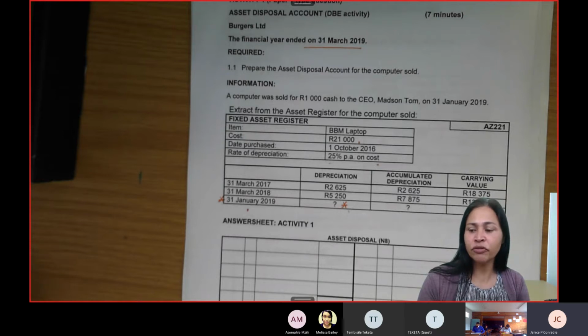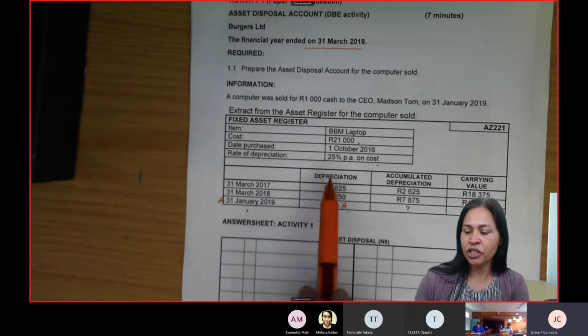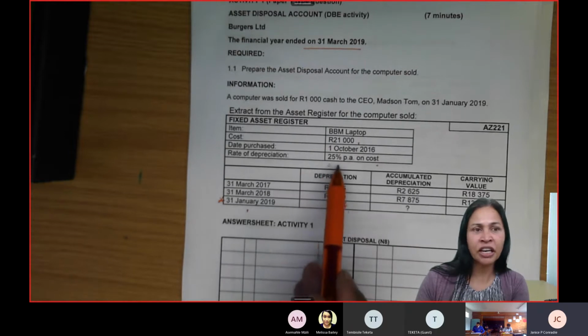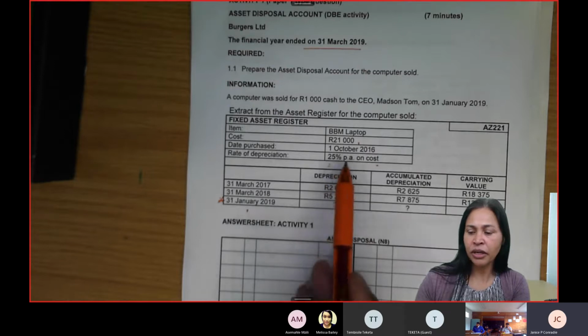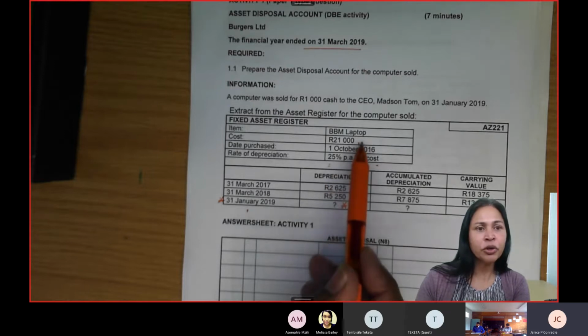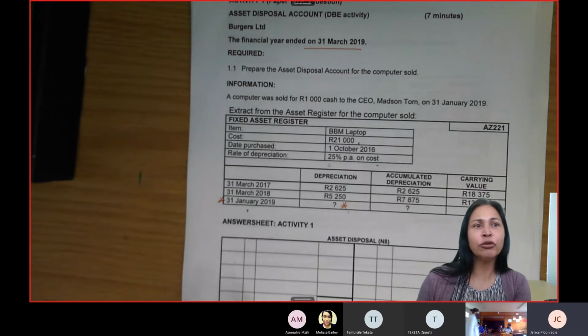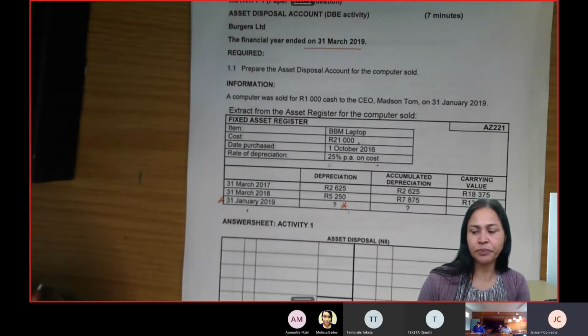You need to look at the method of depreciation, as I have said earlier on, which is your rate of depreciation, that line there, 25% on the cost. Your cost is given of 21,000. All you need to figure out is for how many months you have still used your fixed asset. That means from the beginning of the financial year up till the day of sale.